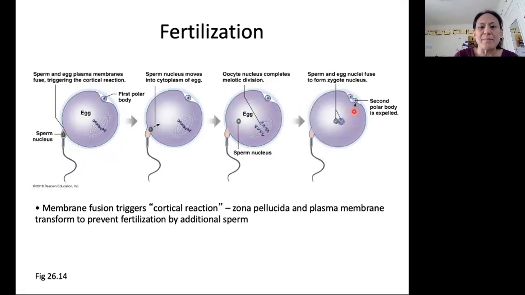That second meiotic division creates our second polar body. And then finally our sperm and egg nuclei fuse to form the nucleus of what is now the zygote. So now we have a diploid cell from joining together our haploid sperm and egg.